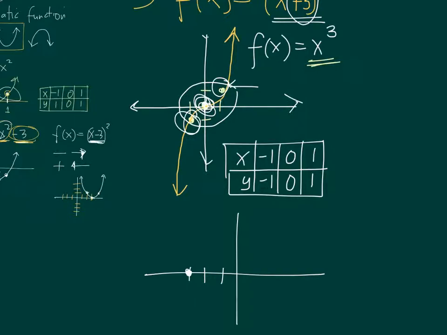So if this is the middle point, the other point should be 1 unit higher, then the third point is 1 unit lower. And try to imitate the graph of x cubed. So this is the graph of f(x) = (x + 3) cubed. Okay, so it's easier now, right?